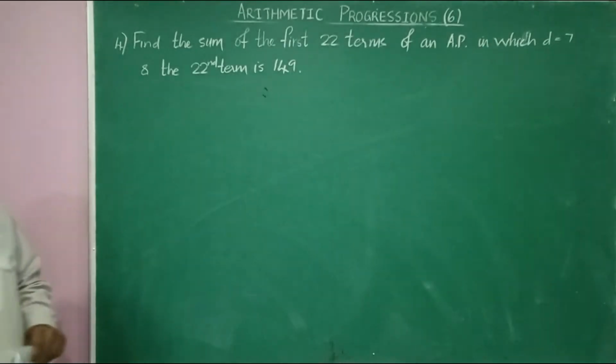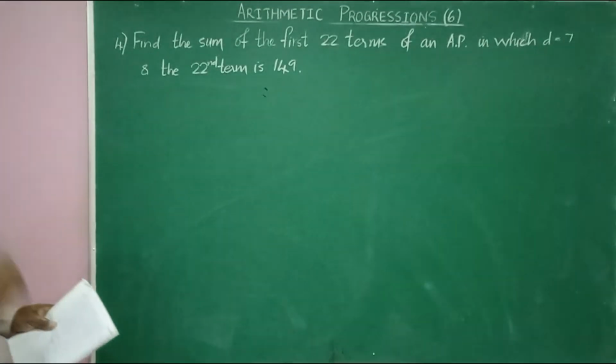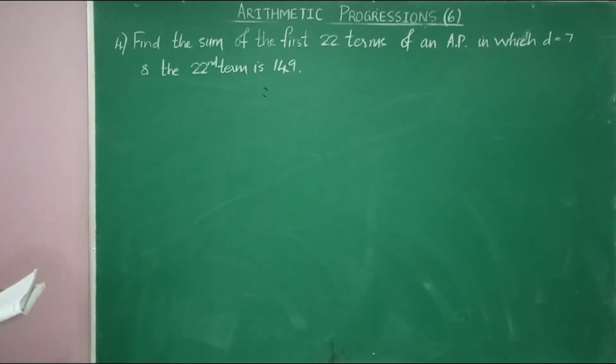What is given to me? Find the sum of the first 22 terms of an AP in which the common difference is 7 and the 22nd term is 149.